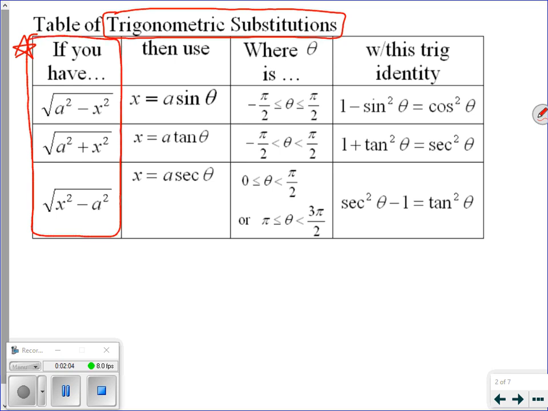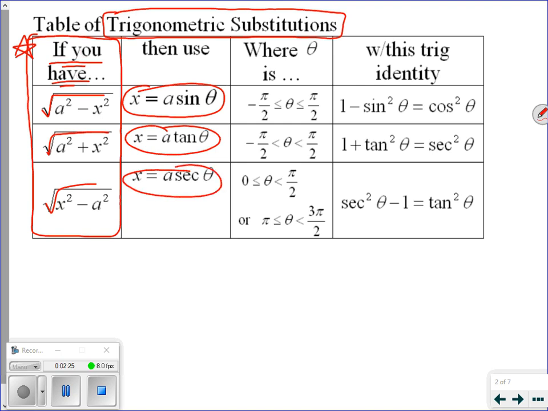You can use trig substitution if you have the following situation. Like if you have a problem that has the square root of a squared minus x squared, where a is just a number, then this identity is equivalent. Same thing with this square root and this square root. These identities are what we're able to use.